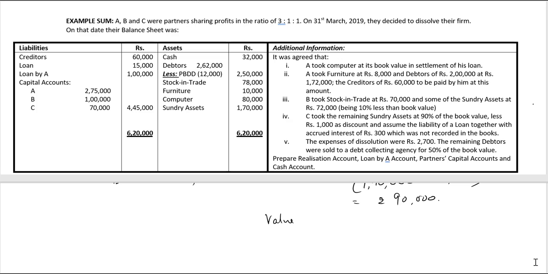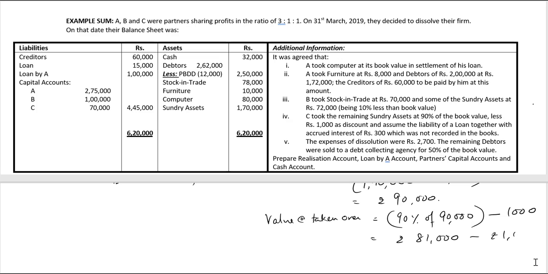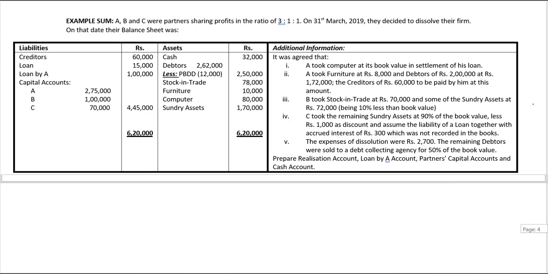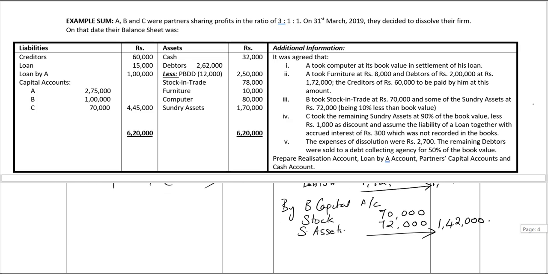So value at which it's taken over is 90% of 90,000 rupees minus 1,000, further rupees 1,000 as discount. So it comes up to rupees 81,000 minus another rupees 1,000, or in other words rupees 80,000. So C takes over the remaining sundry assets at a value of rupees 80,000.